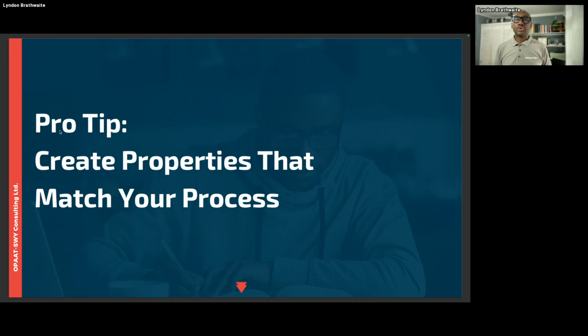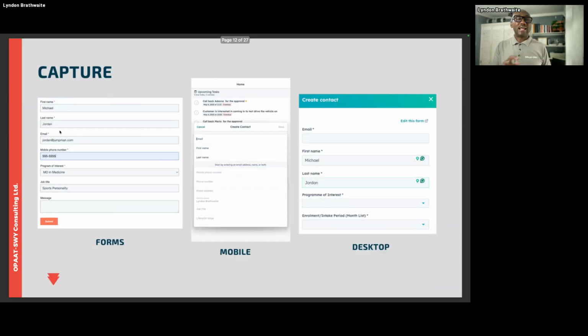So taking the time in any of these instances, and there are other ways that you can bring certain leads in as well. You could import leads from off of your phone, etc. But even if you are importing the lead off your phone, one of the instances that relates to lead management is making sure that the sales rep updates the specific properties in the field, so that when it's time to manage those leads in the future, you can do so based upon how you want to qualify.